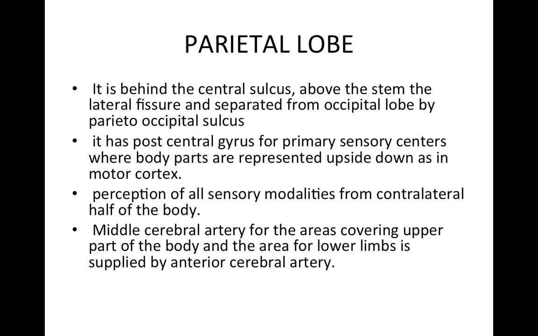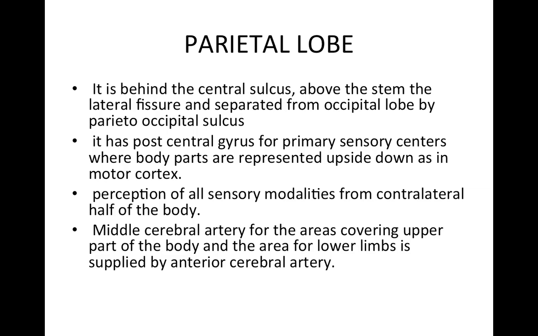Primary sensory area receives the signals from the opposite half of the body, for all modalities of sensations. That is pain, touch, vibration, proprioception, etc. Well, our body is represented in the postcentral gyrus as in the precentral gyrus, upside down.